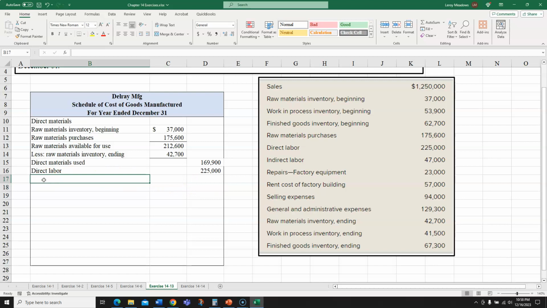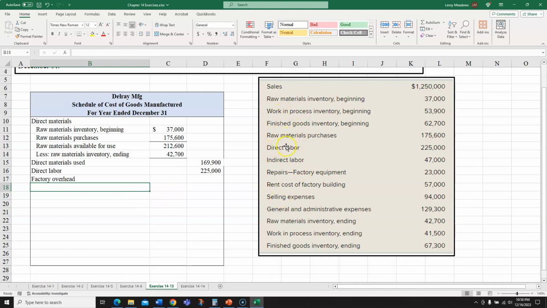And now I'm going to have my factory overhead. And let me move that over just a little bit. So my factory overhead. Now this is where everything that's not direct materials and direct labor is going to go. So what do I have here?